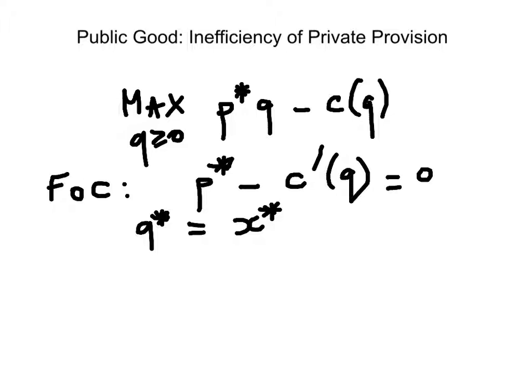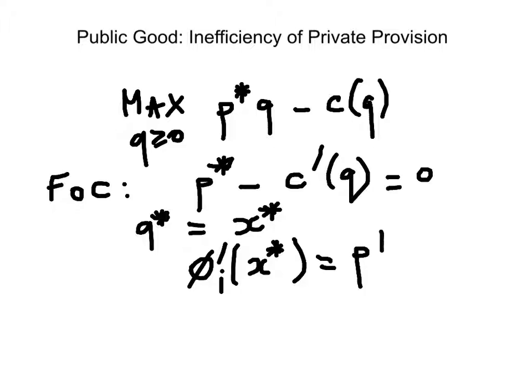So looking at the consumer's first order condition, which we've already derived, we have the marginal utility of each consumer being equal to P star, and the first order condition that we've now derived is that the marginal cost of providing the good is equal to P star, and that's the firm's first order condition.